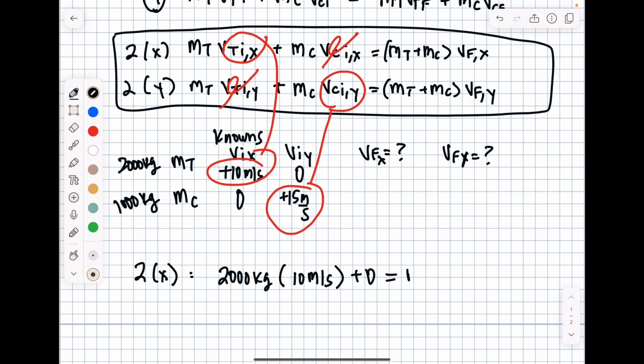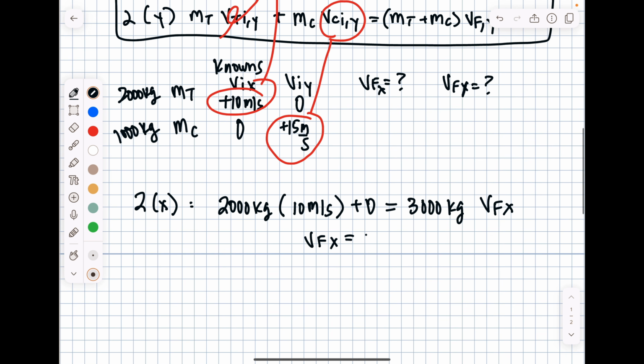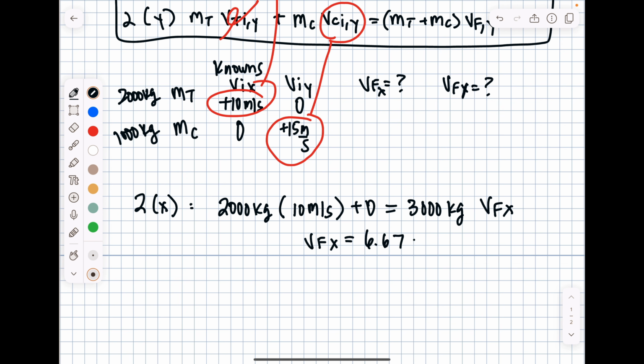And then so their total combined mass, 3,000. And then looking for our unknown final velocity in the x. So we have everything actually to find that unknown value right now. So let's get it. It's going to be 20,000 divided by 3,000. Okay, 6.67 meters per second positive.